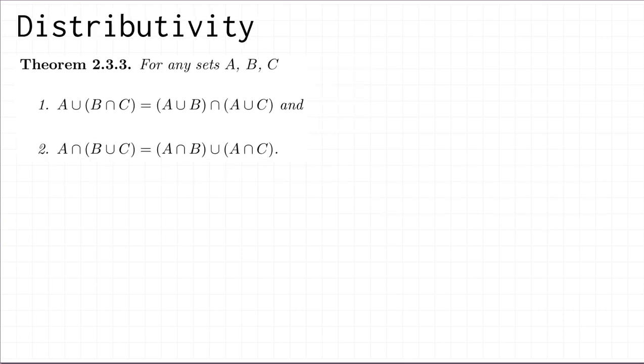And also for distributivity, we proved distributivity properties for AND and OR. So this was Theorem 1.6.1.